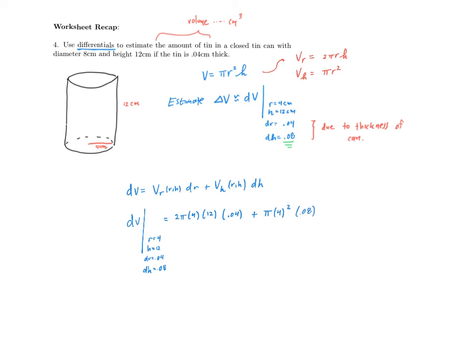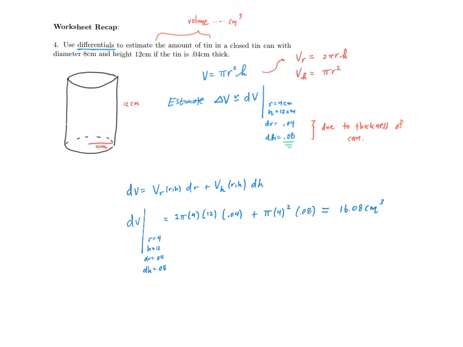So we've simply substituted in the proper formulas and values. And if we were to plug this all into a calculator, we would end up with 16.08, and the units associated would be cubic centimeters.